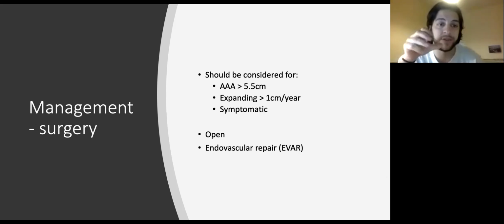If it's more than 1.3, does anyone know what this might represent? Any ideas? An error in the way they've done the measuring? So it could be an error in the measuring.